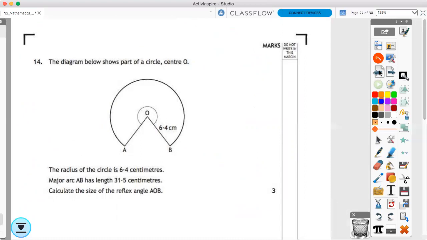Okay, so this is a diagram, calculate the size of an angle based on the major arc. They've given you the major arc and they ask you now to find the angle. As long as you remember that it's theta divided by 360 times pi d, and the diameter here is 6.4 times 2.